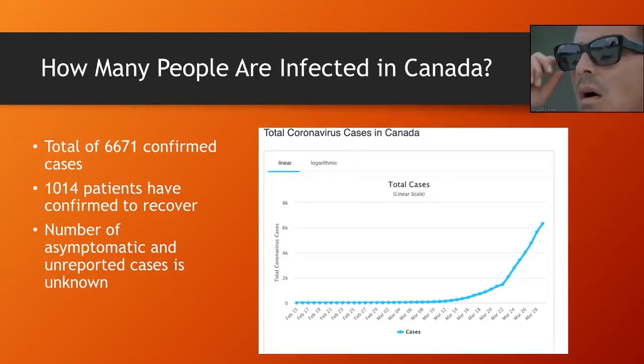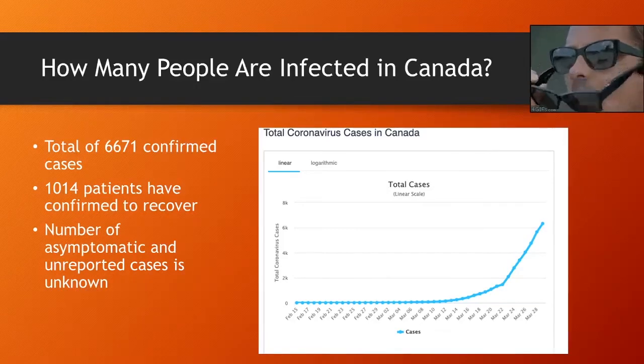The number of asymptomatic and unreported cases is unknown. A lot of people who are subclinical in terms of having symptoms are not going to go get tested. A lot of the time they'll be turned away. That might change in the near future, especially once we understand more about how infectious people who are asymptomatic might be.